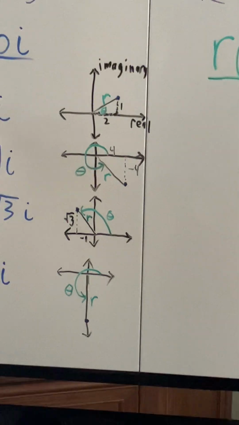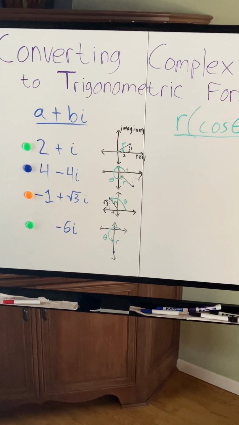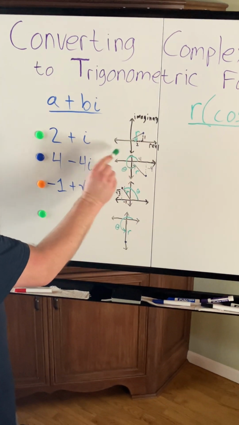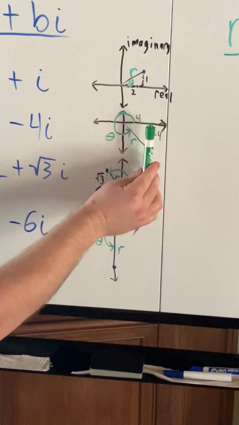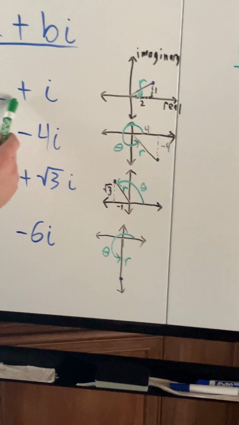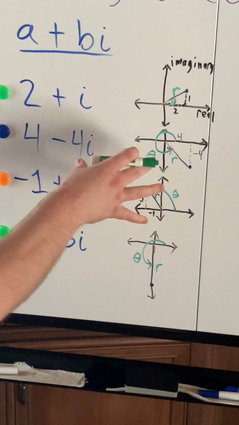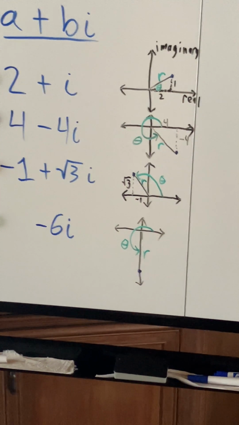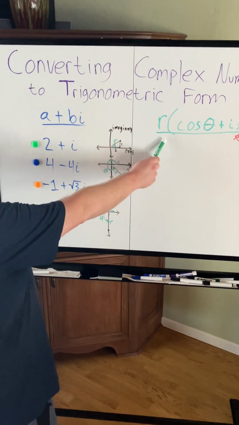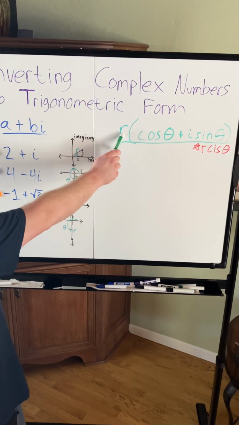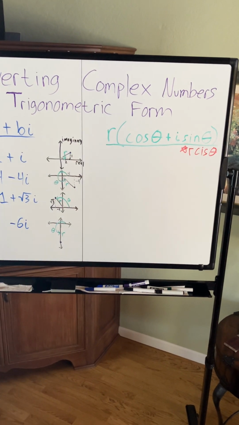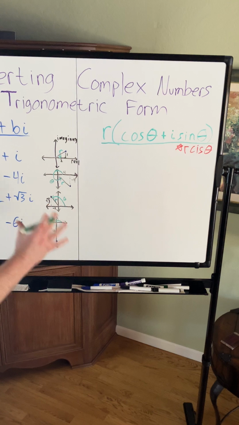So a number like 2 plus i is essentially saying from the origin we go to the right 2 and up 1. That's like 2 plus 1i. So when you are converting this to trig form, that means you need to find r and theta that are specific to that number.